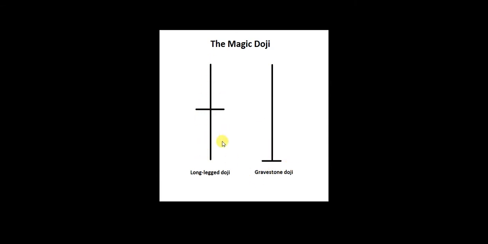If the candlestick has shadows, highs and lows, but closes at the same price as the open, this type is the long-legged doji. The one that doesn't have any low shadow is called the gravestone doji.